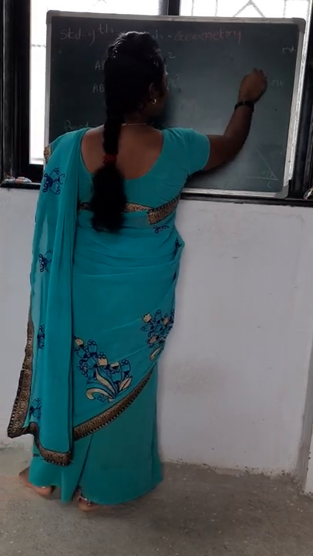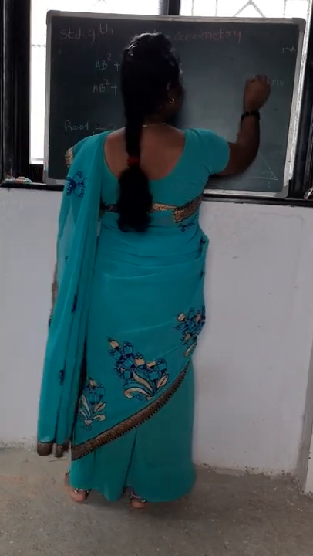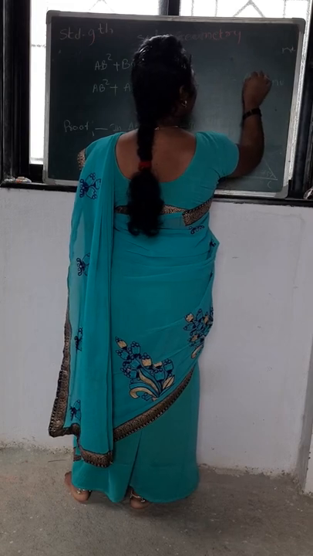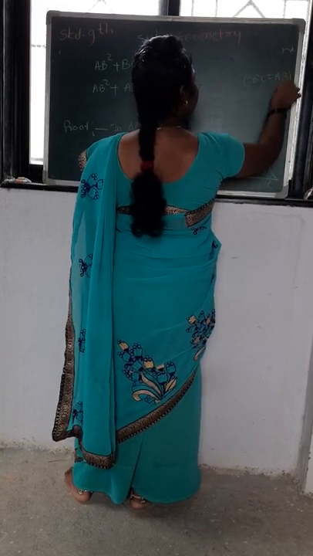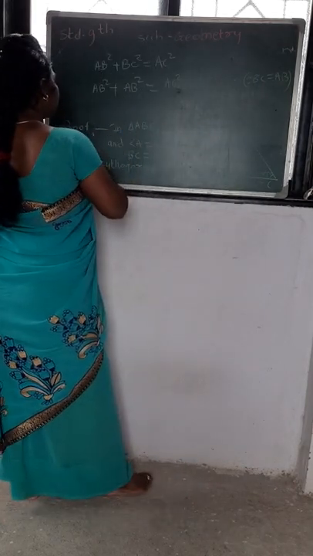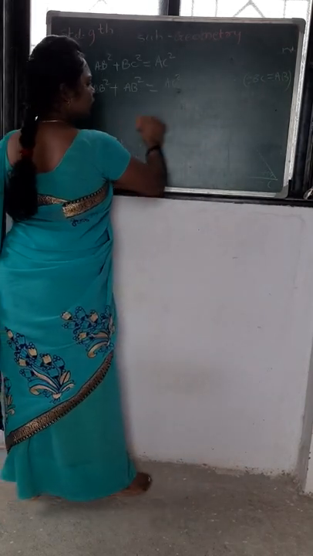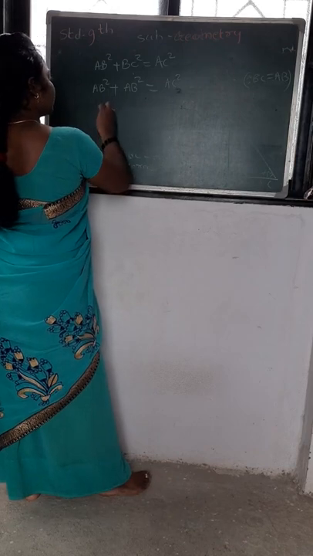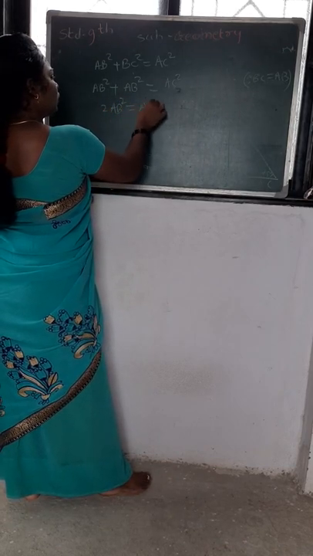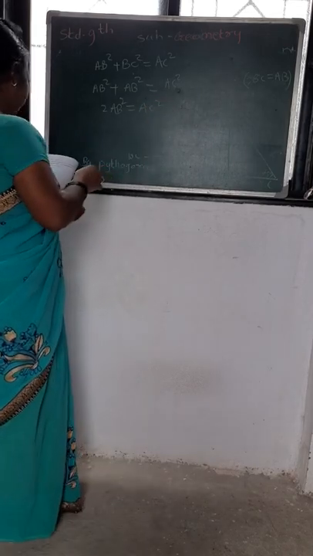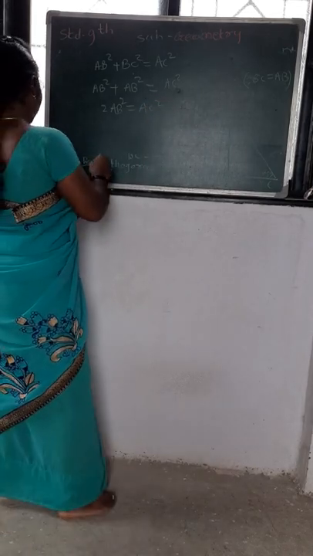Since BC is equal to AB, AB square plus AB square is 2AB square, which is equal to AC square.